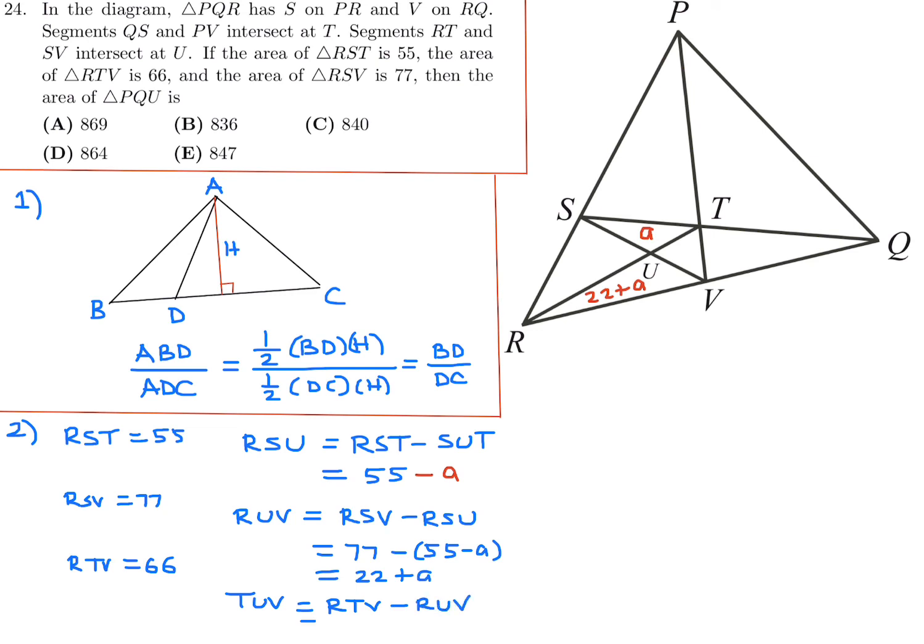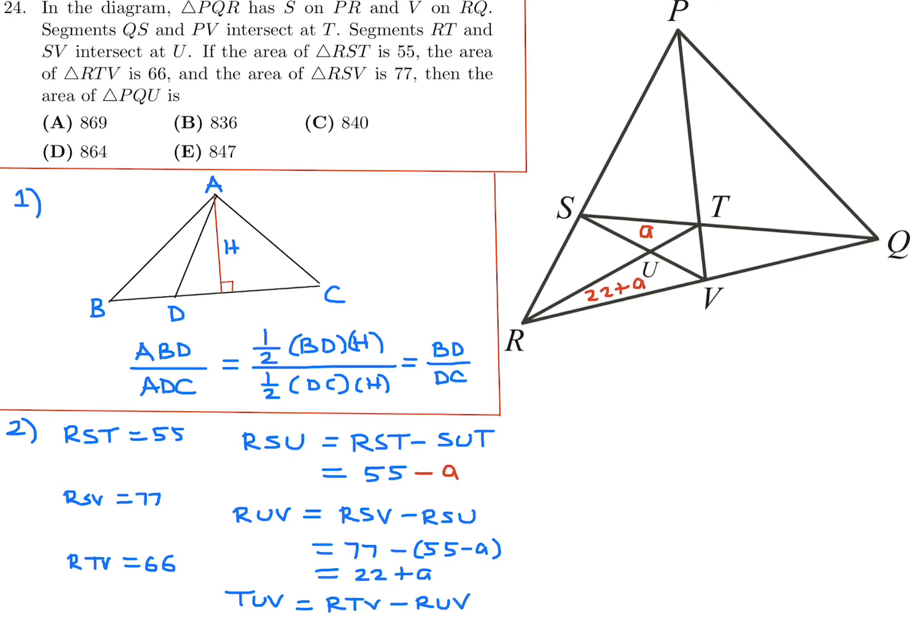And RTV, they have told me in the question it is 66. And then RUV is 22 plus A. So it's 66 minus 22 plus A. And that basically is 44 minus A. All right, so we'll put that in here. That was TUV, right? So this guy in here, 44 minus A.